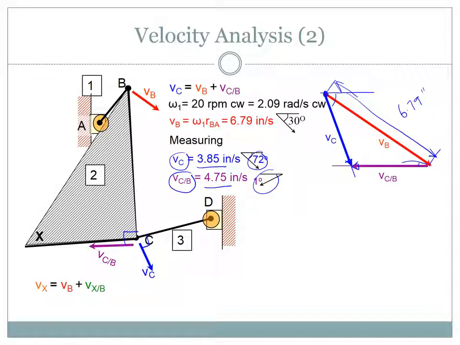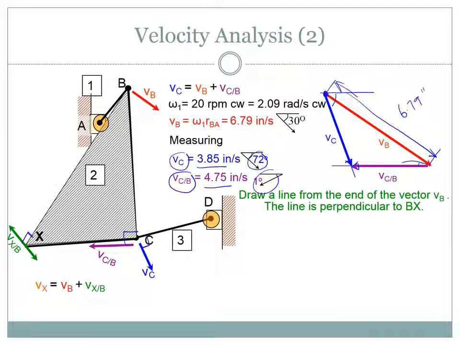So Vx is equal to Vb plus Vxb. So we move on. Vxb is 90 degrees to this part, to xb, right? It's not being drawn exactly at 90 degrees in this diagram, but no matter.